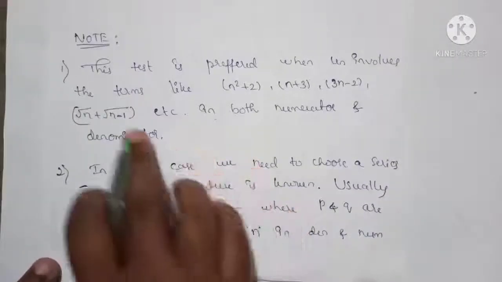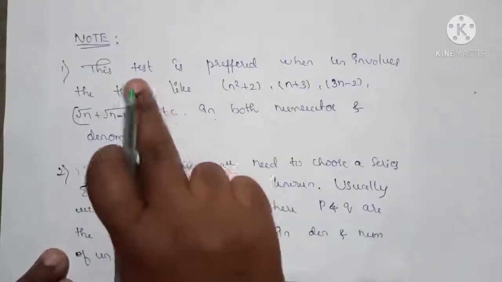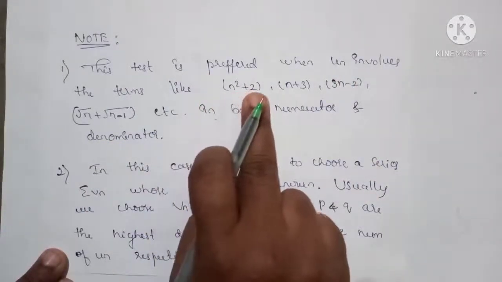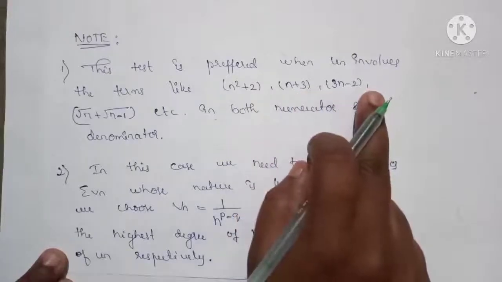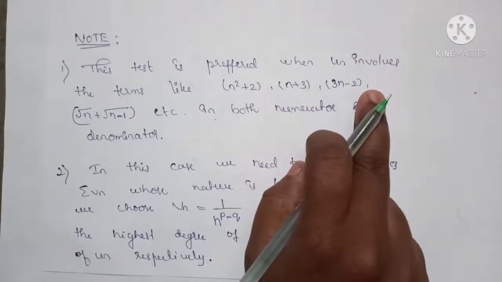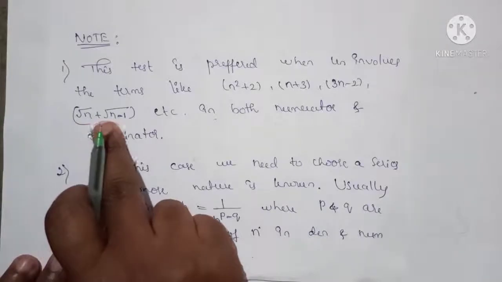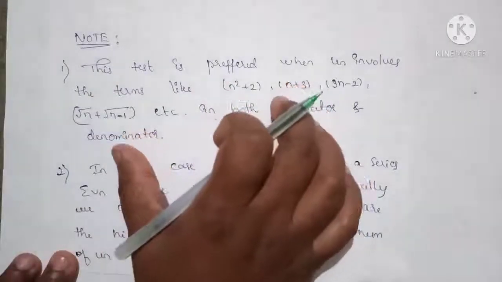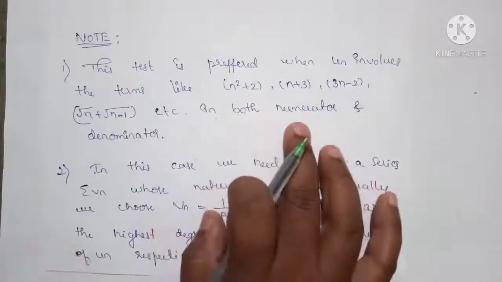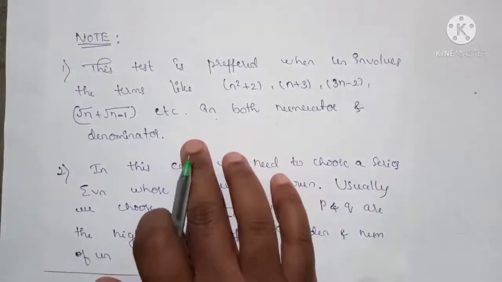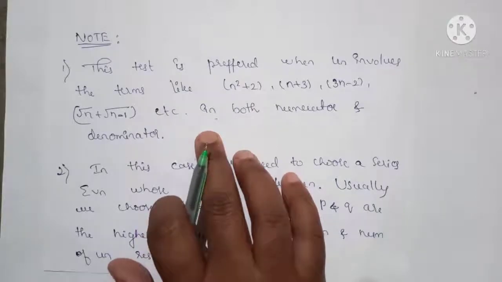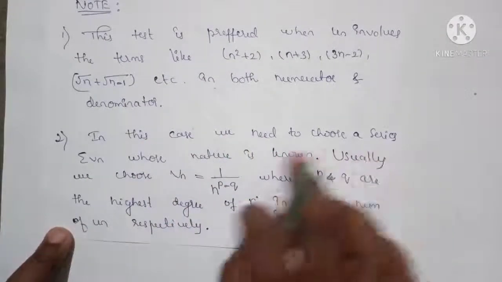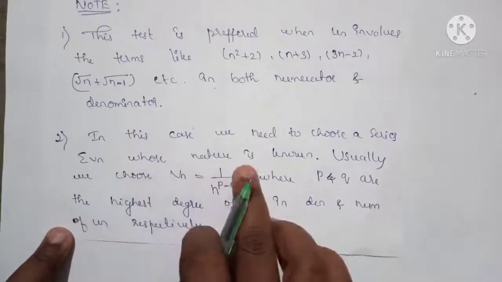Now we have some notes here. First, this test is preferred when un involves terms like n square plus 2n plus 1, 3n minus 2, 2n, 3n, whatever it is, or root of n plus root of n minus 1, in both numerator and denominator. Second note, in this case we need to choose a series summation vn whose nature is known.